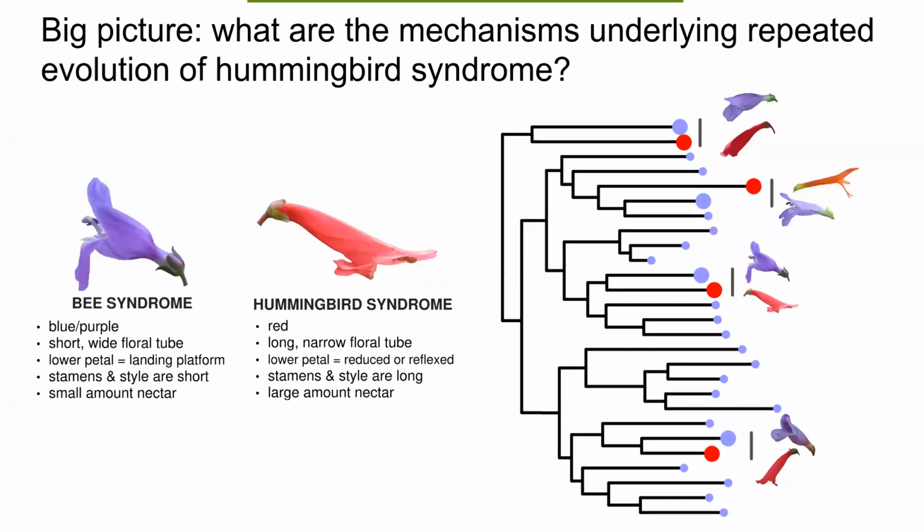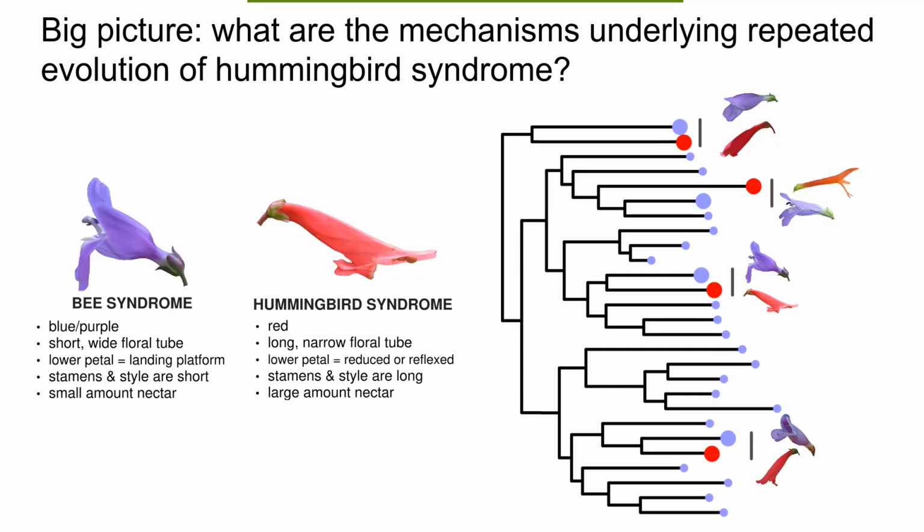The stamens and the styles are long because they have to stick out to the end of the flower and touch the hummingbird's head. The flowers are long and narrow and red, so they're well adapted for the hummingbird to fit its beak inside. Red is a very common adaptation to hummingbird pollination, especially in North America, because the birds can see red really well.